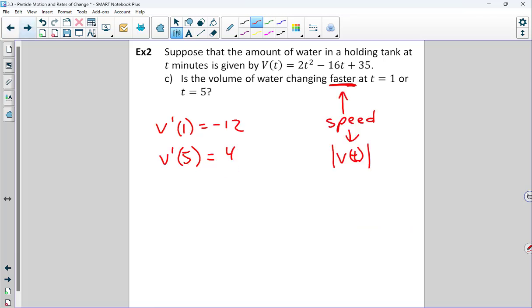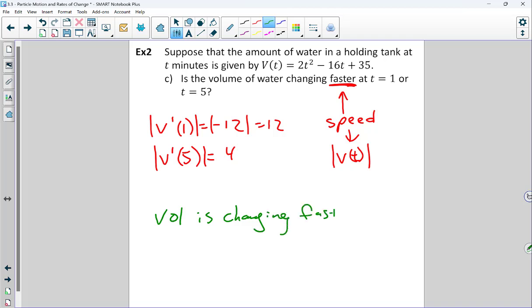But the speed at 1 was actually 12. The speed at 5 was actually 4. Which one is changing faster? The one that's changing faster is the larger magnitude. So the volume is changing faster at t equals 1.